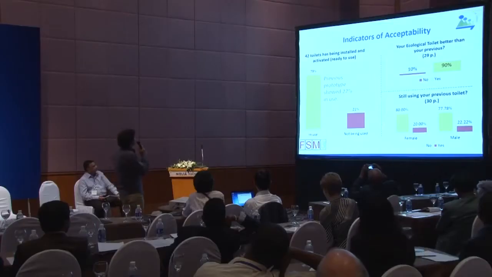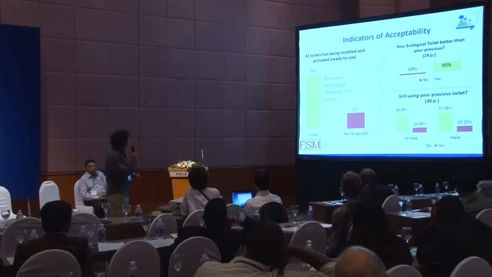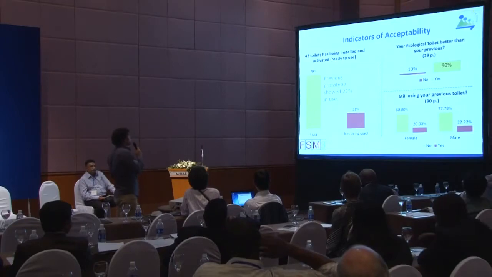We have some indicators on acceptability. From the 42 toilets, 79% are in use. The other 21% is because it sometimes takes some time for them to start using it. With the previous prototype, we had 22% use, so it's a big increase in acceptability.